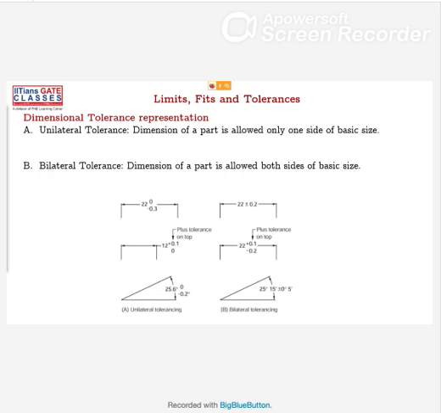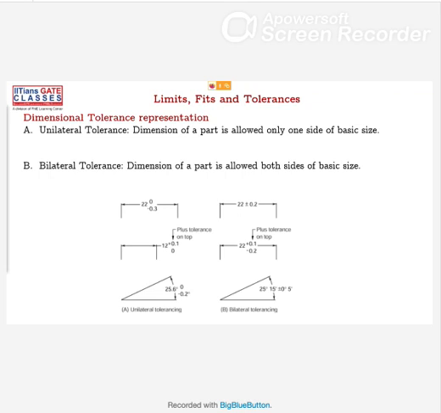See, the length was supposed to be 22, but the upper limit is 0 and it can't go up. You can't increase the dimension of this part, not even by 0.0001. You can reduce the dimension of the part by 0.3, which means it can go down to 21.7. So the tolerance is 0.3 here and the upper limit is 0.